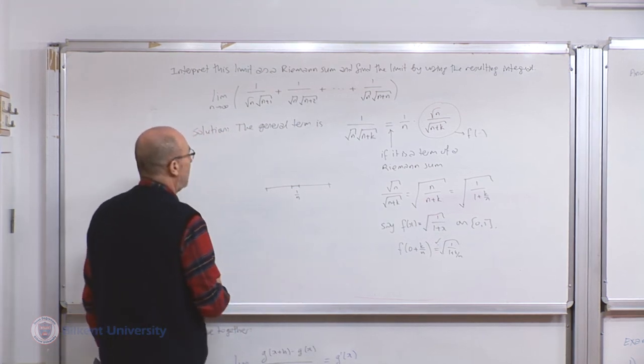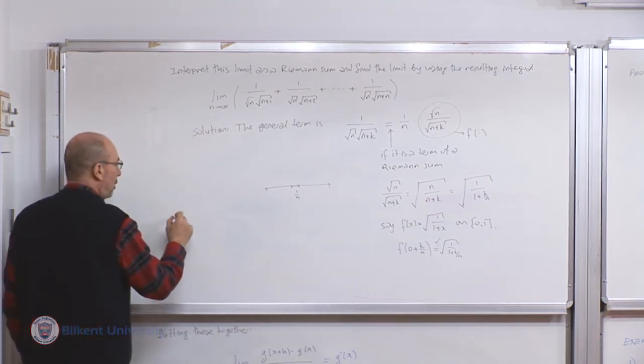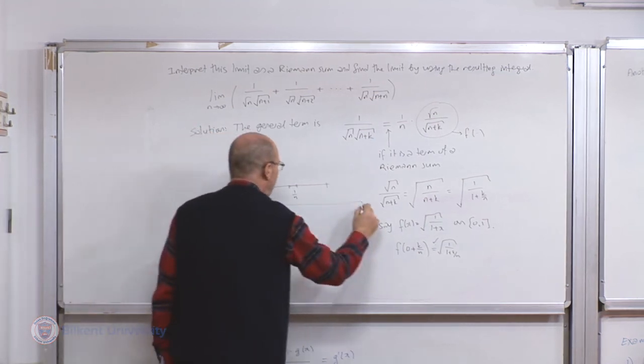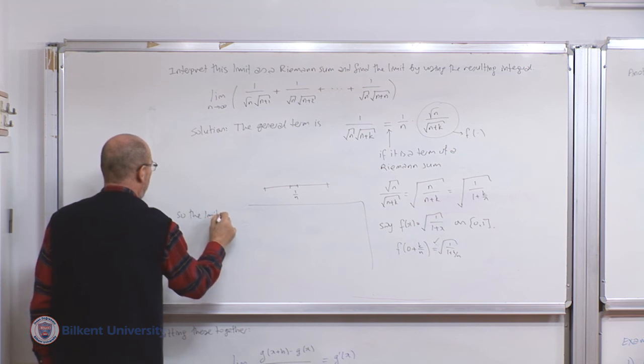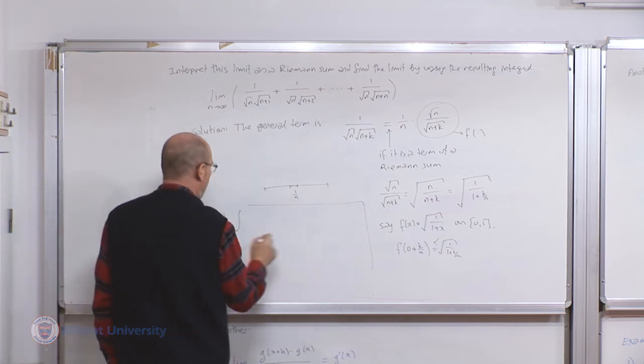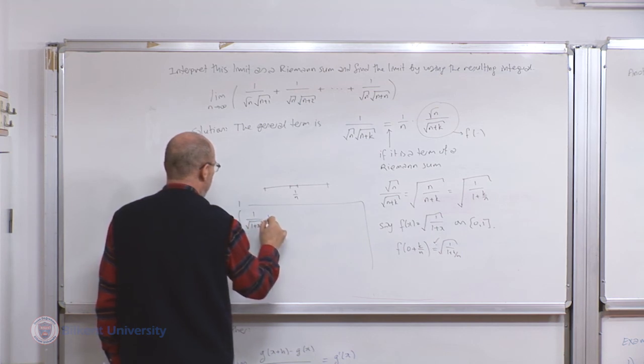So the limit of this thing, let me do it here. The limit is the integral from 0 to 1 of f of x, which is 1 over square root of 1 plus x, dx.